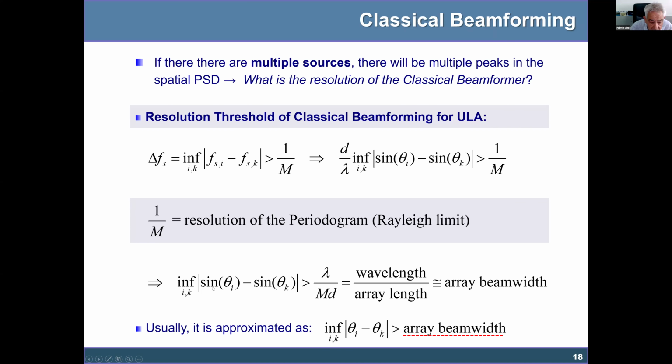The inf of the modulus of sine theta i minus sine theta k should be greater than lambda divided by the product between M and d.